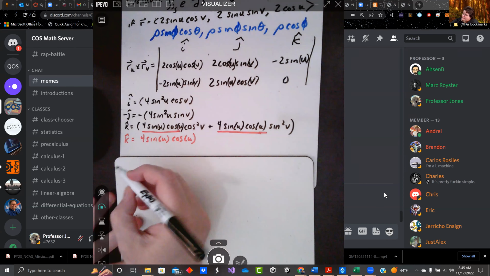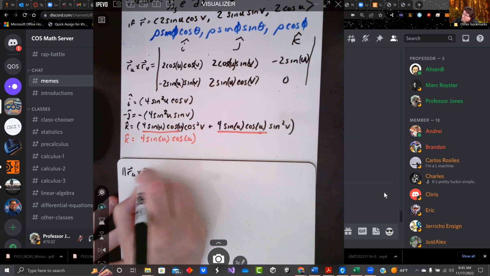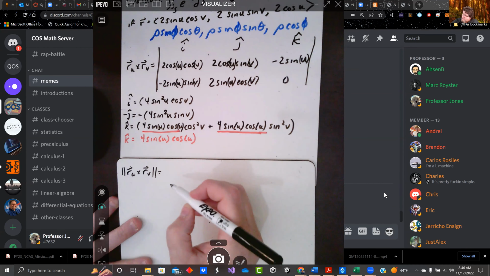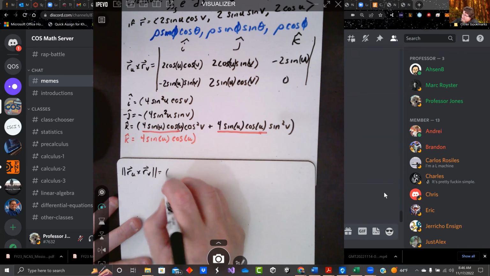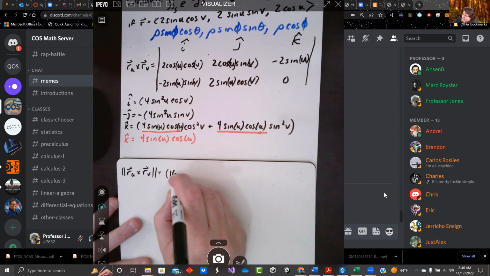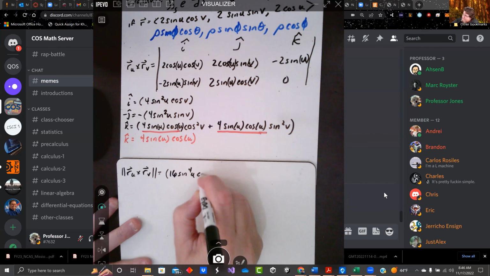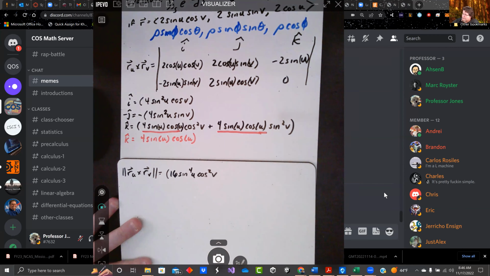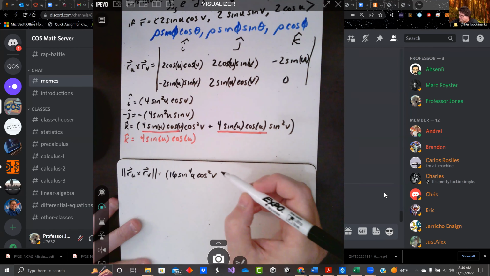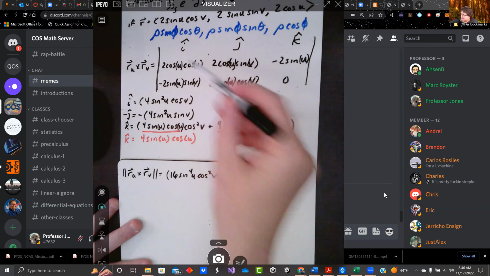Now we need the magnitude of that. So I've got 16 sine to the fourth u cosine squared v. That's my i component squared. What did I do on j?